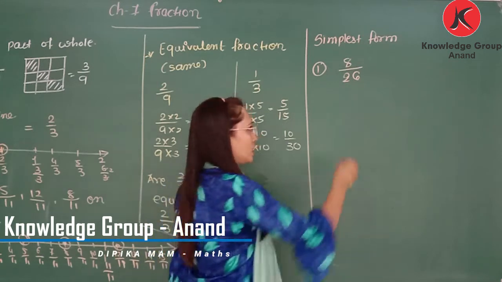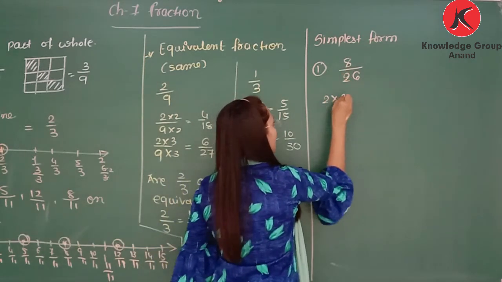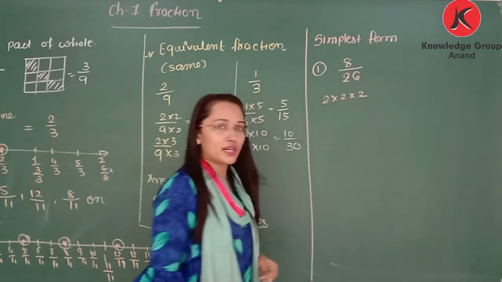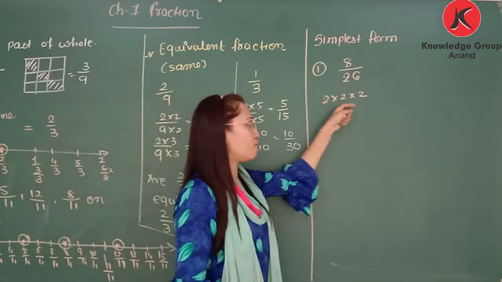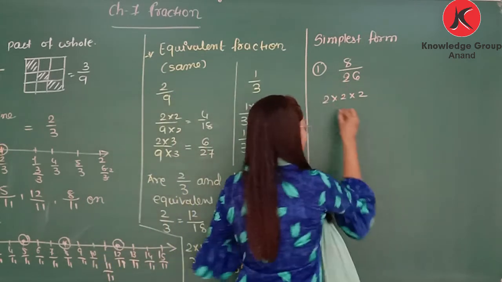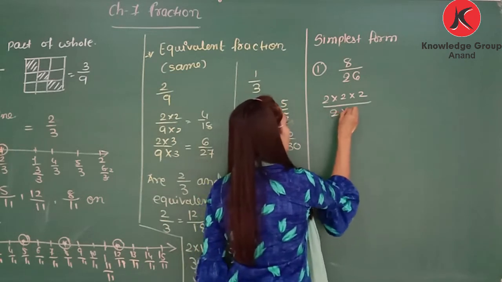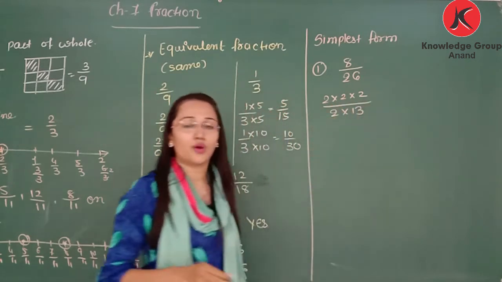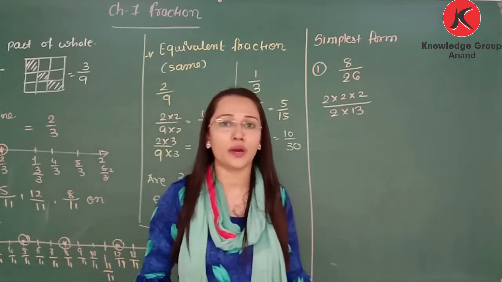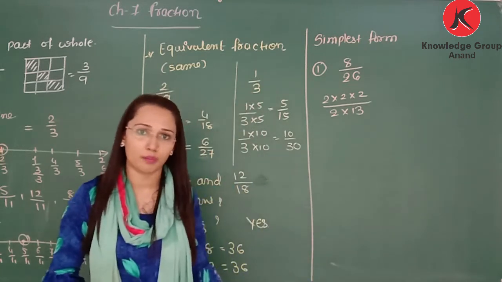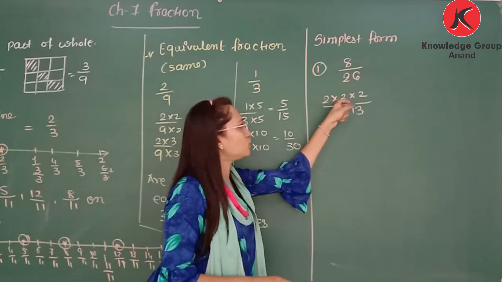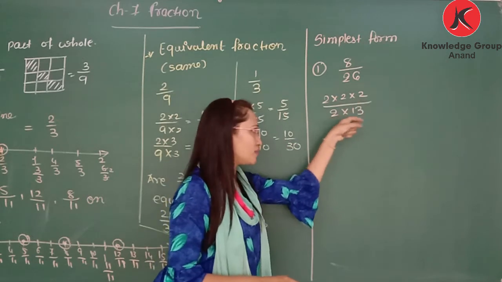Two methods are there. Find the factors, this is called the prime factorization of 8: 2 2s are 4, 2 4s are 8. Factors of 26: 2 multiplied by 13. Now what is prime factorization? Each number in the multiplication must be a prime number. So 2 multiply 2 multiply 2, divided by 2 multiply 13.